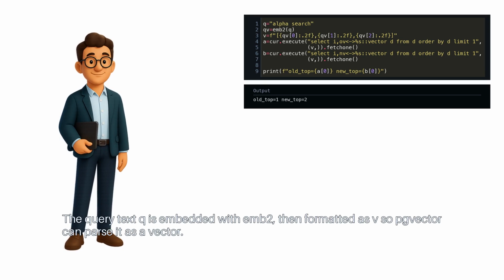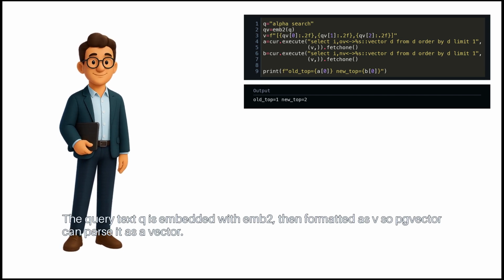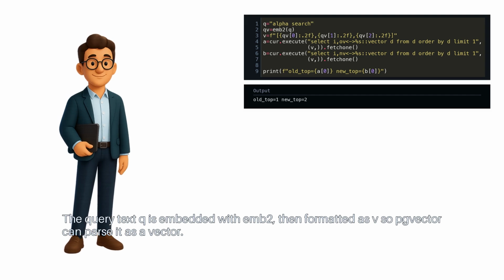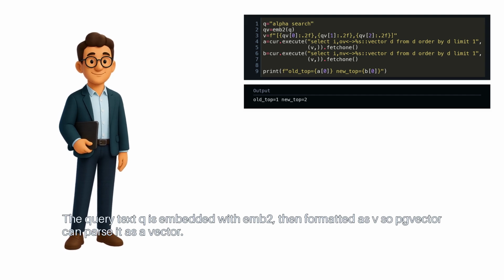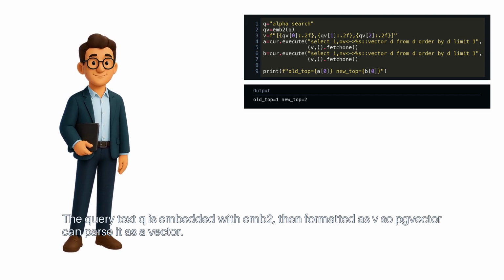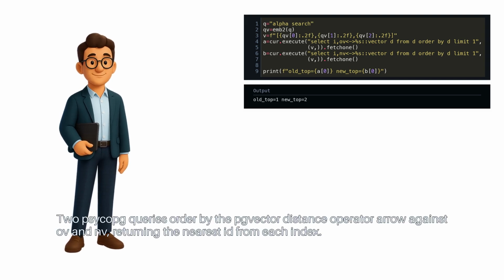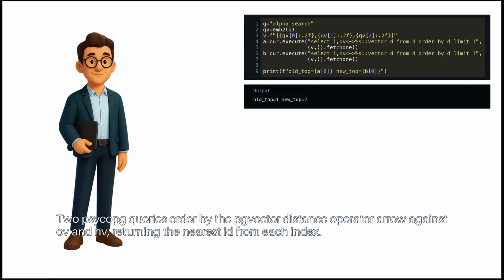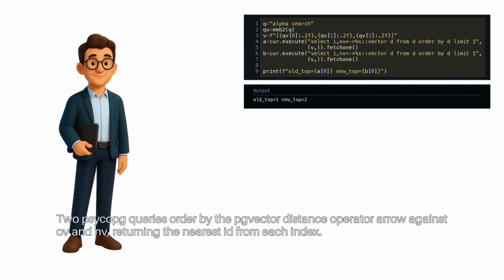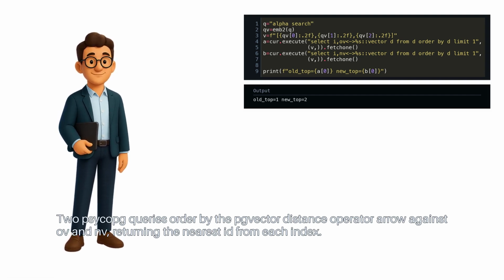The query text Q is embedded with M2, then formatted as V, so pgvector can parse it as a vector. Two psycopg queries order by the pgvector distance operator arrow, against OV and NV, returning the nearest ID from each index.